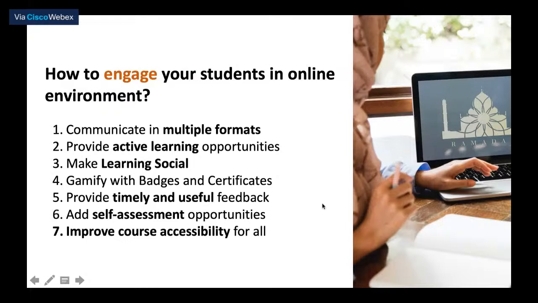Make learning social. Make learning social, meaning that they need to be able to learn from their peers, so that they can discuss, they can collaborate, and so on. But we know that some of our students don't like doing collaborative work. Sometimes some of the students will actually ask us, Dr. Azida, my friend in the group, she doesn't do anything.